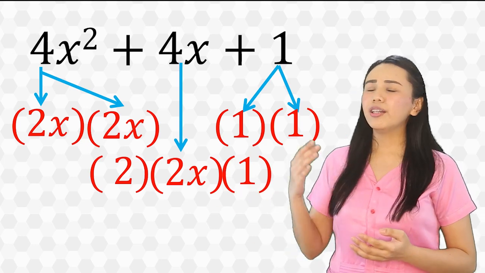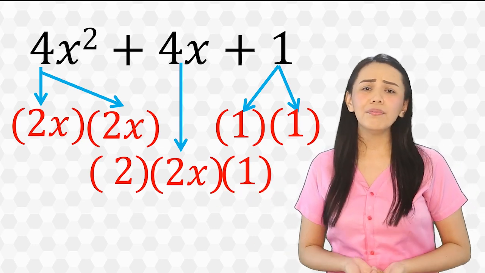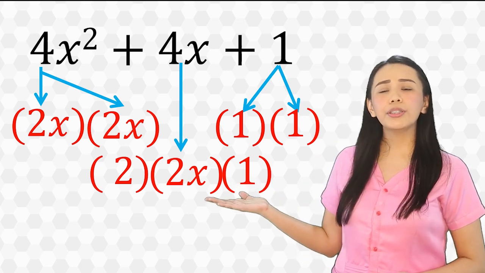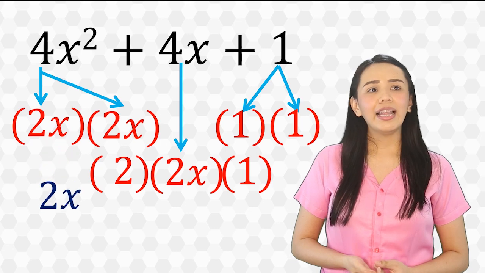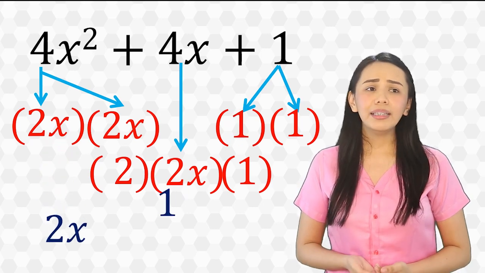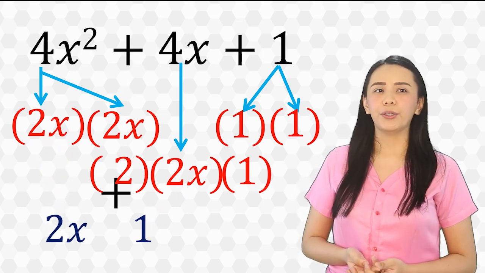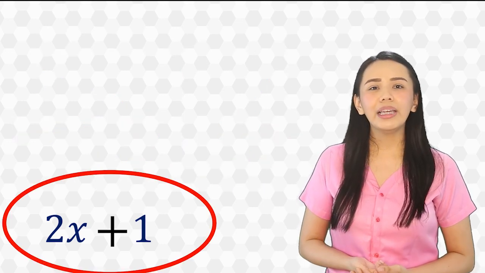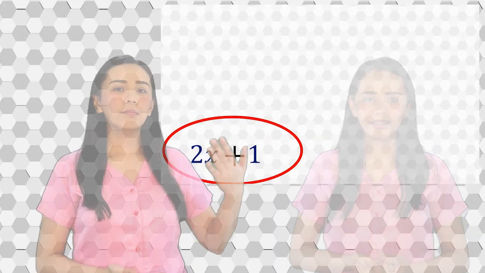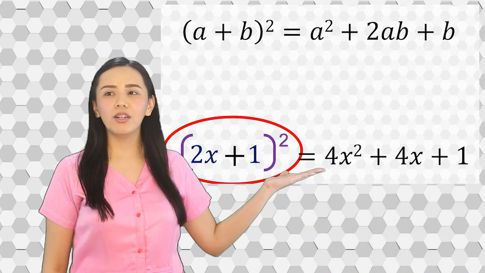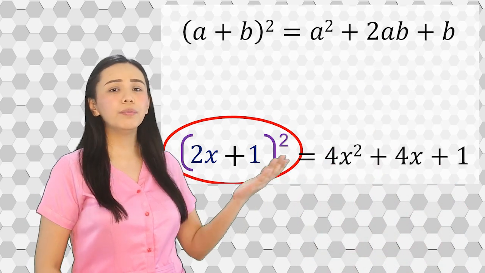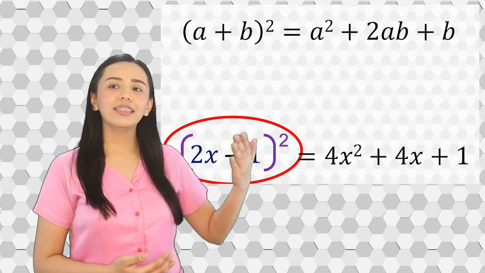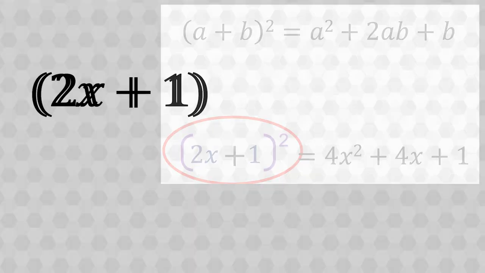Since this trinomial is indeed a perfect square trinomial, we can take the square roots of the first and last terms and copy the sign of the middle term. This binomial is the factor that we are looking for. Multiplying this binomial by itself should result back to the perfect square trinomial. Let us take a look at this.